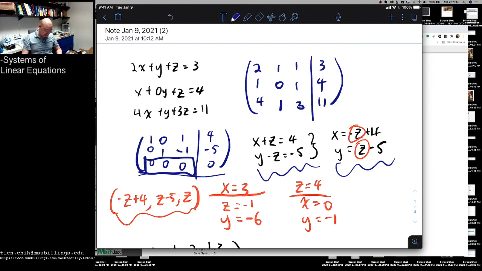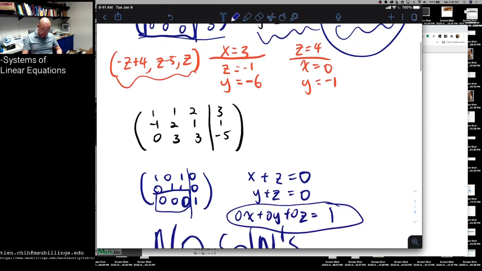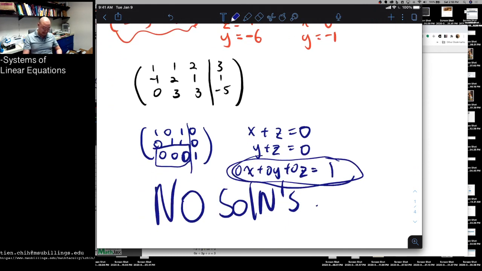Because what it's telling you, putting that 0 in the last row, is that you don't have a specific solution for z. Well, that's either because z could be anything, or z can't be anything. Either way, you're looking at infinitely many or no solutions.